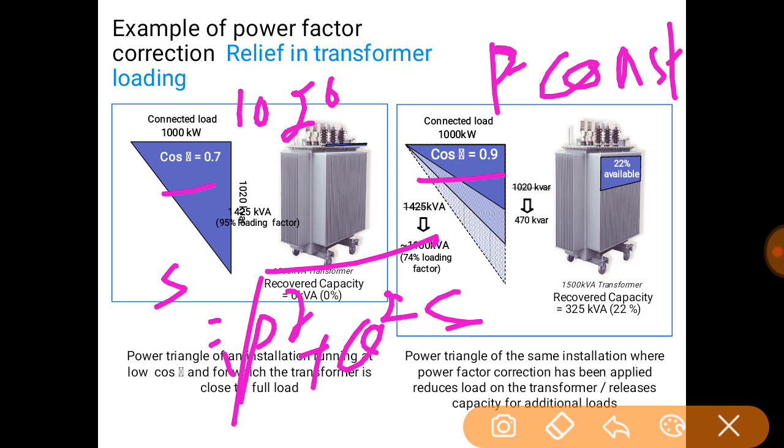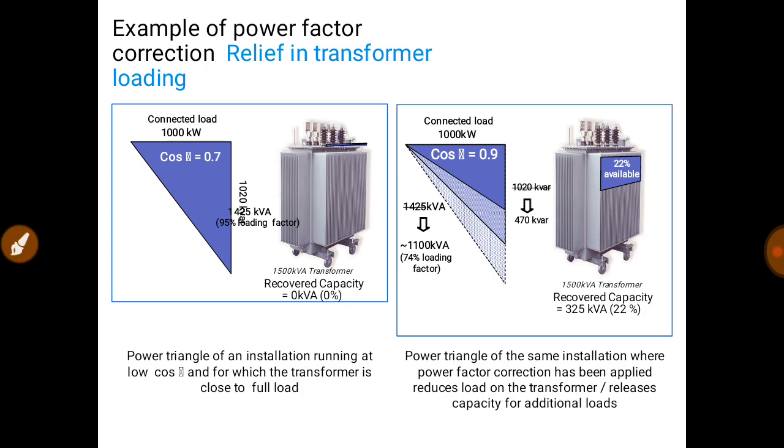Then P is constant, the value of Q decreases, then the value of S also decreases, meaning the kVA load on the transformer decreases and its capacity is increased. Here it supplies 425 kVA and here it supplies 1100 kVA, meaning 320 kVA is remaining from its capacity.